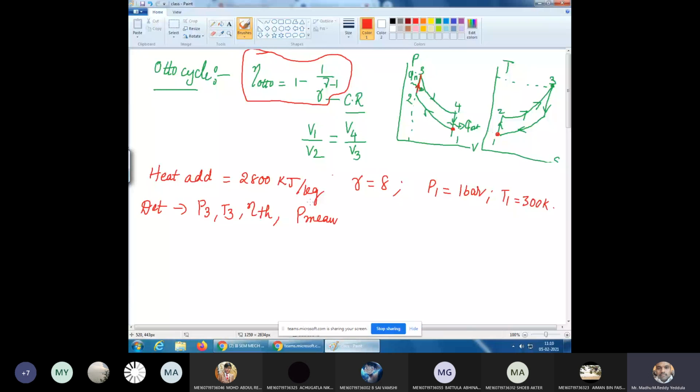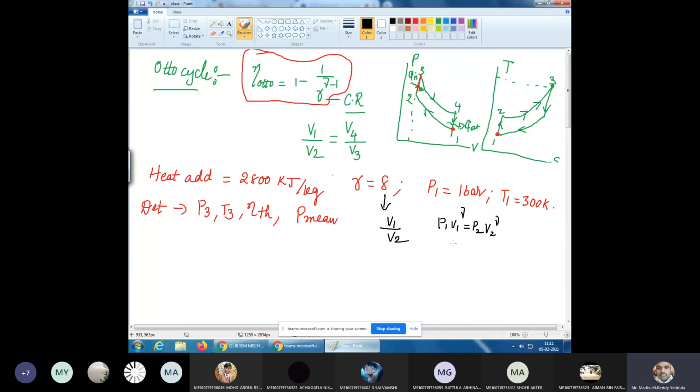Now, heat addition is given as Cv into T3 minus T2. I know T1 value, P1 value, and compression ratio can be written as V1 by V2. Can I write R value? Yes, sir. Now, by using the relation between pressure and volume for 1 to 2, P1 V1 power gamma is equal to P2 V2 power gamma.